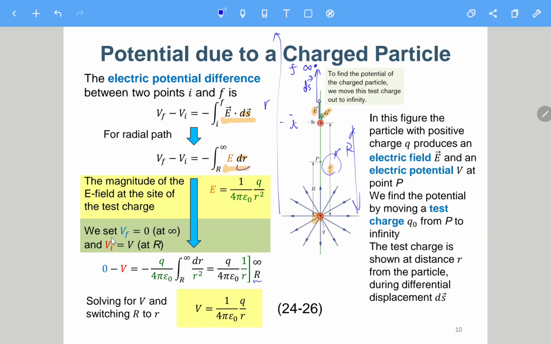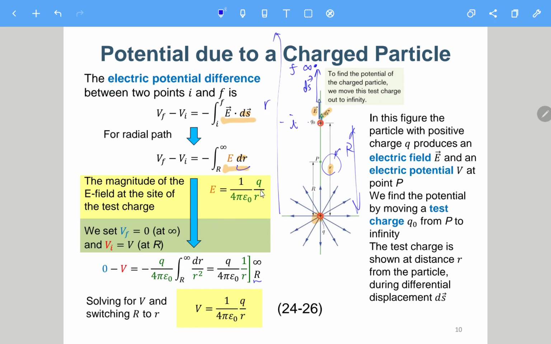Also, we can set Vf to be 0 at infinitely far away, as I mentioned in the previous hour, and Vi to be V. V is what you want to find. So on the left side we have 0 minus V, and then we plug in this one to here.